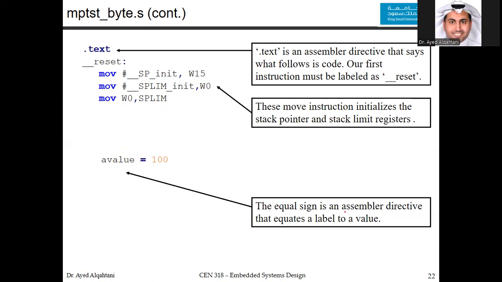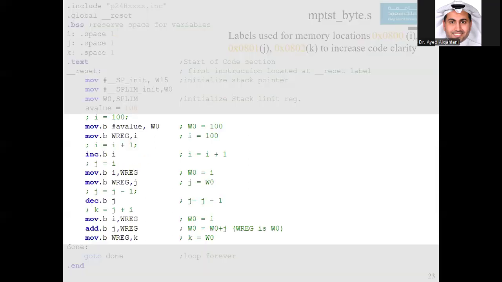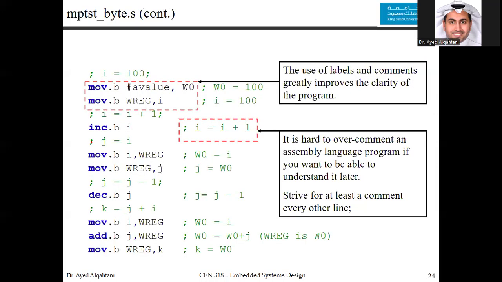Notice that the equal sign is an assembler directive that equates a label to a value, which is obvious. Now, after this piece of code, we have the code that we described earlier. Same thing. Just know that sometimes we use labels and comments to help us improve the clarity of the program.